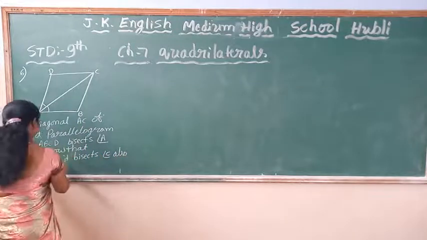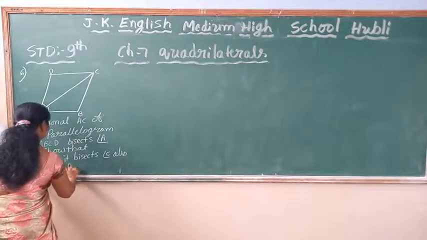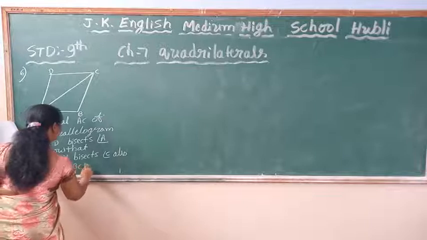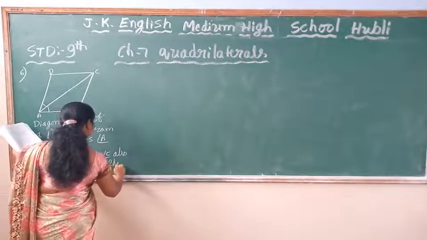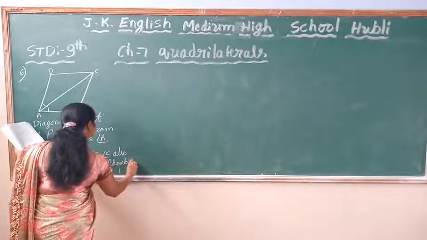Okay, and ABCD is a rhombus. I have to prove it. ABCD is a rhombus. I have to prove it.